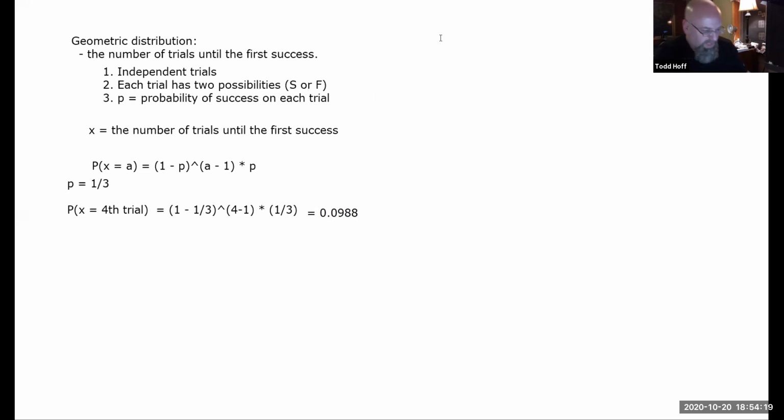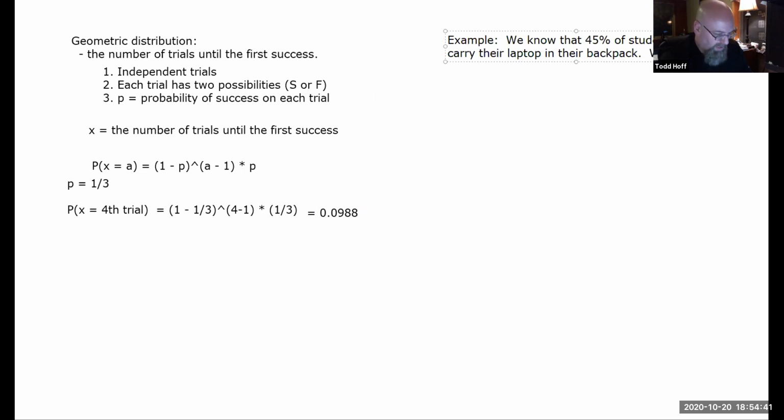Let's look at an example here for this geometric distribution. Let's say we know that 45% of students carry their laptop in their backpack.